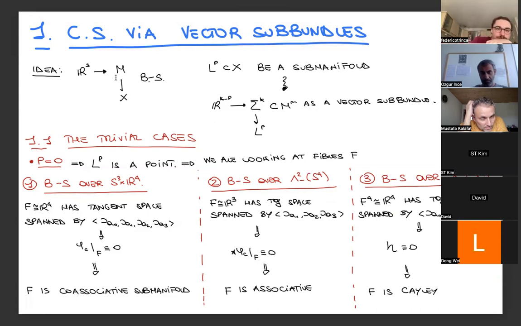To sum up, for the projection map from M to X on the Bryant–Salamon manifold, the fibers of this smooth map are calibrated submanifolds of the right dimension. Any question on this very easy construction?